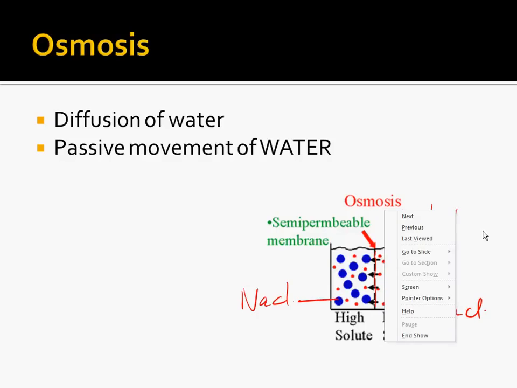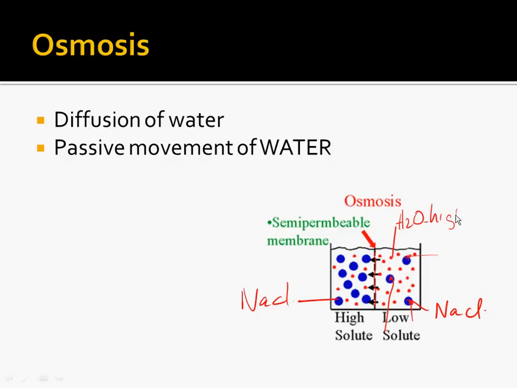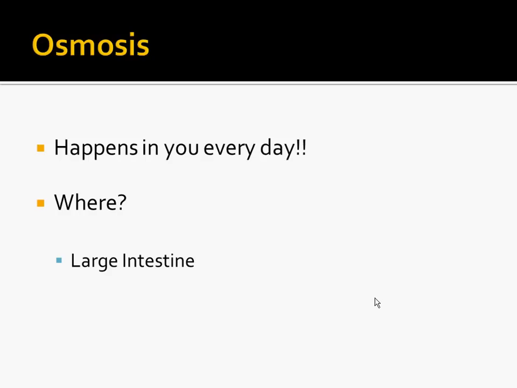So on this side, there's a higher concentration of water than on the left-hand side. So water moves from an area of high concentration of water to an area of lower concentration of water. So water moves down the water gradient, and it's the reverse of the solute. That's a little bit tricky, and you want to make sure you understand that.